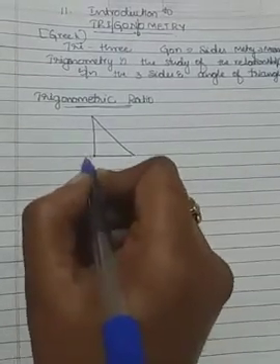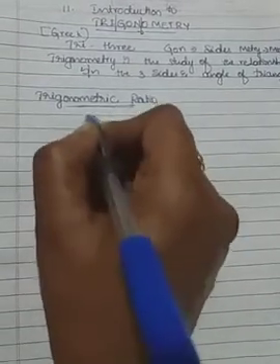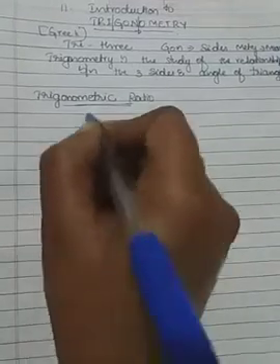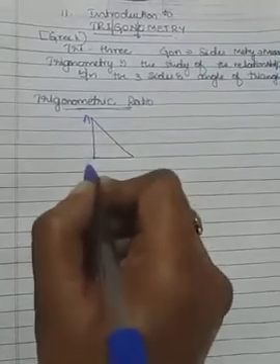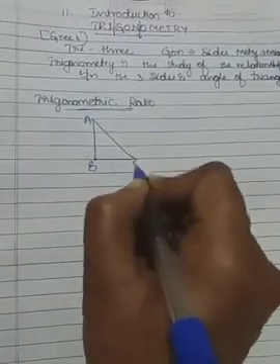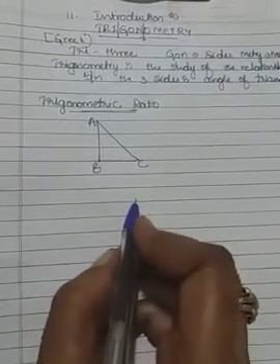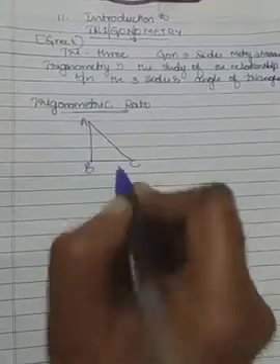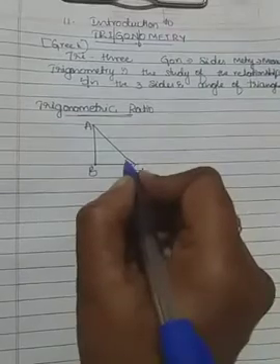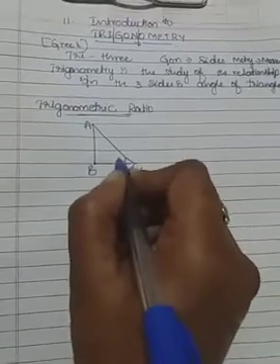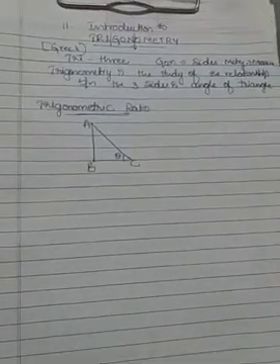Consider this is a right angled triangle, A, B and C. ABC is the right angle triangle. Let us take this angle as theta. So this is theta.